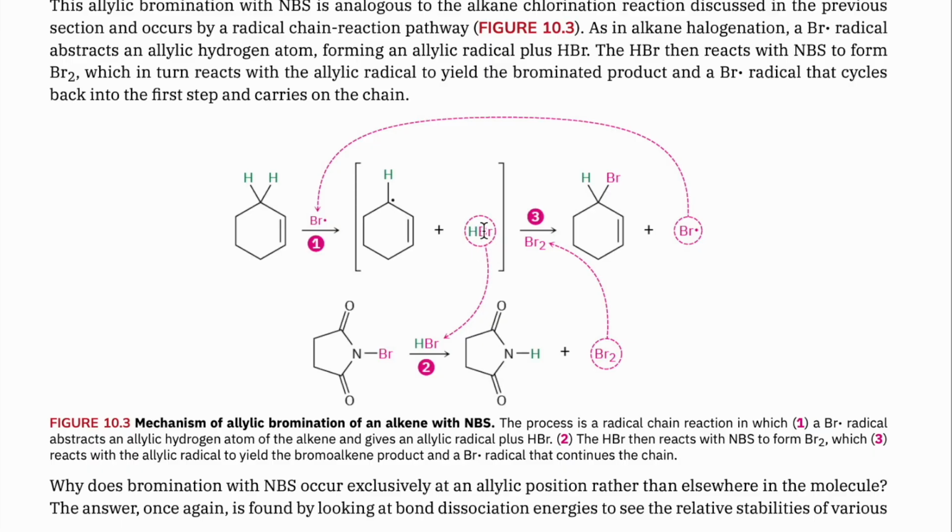So there is a little bit that's created in the course of this reaction, and then this small amount of HBr can react with some of the N-bromosuccinimide, some of the NBS that's around, and create bromine molecules as well. So there are some sources of HBr and bromine, but just not enough to cause electrophilic addition side reactions.